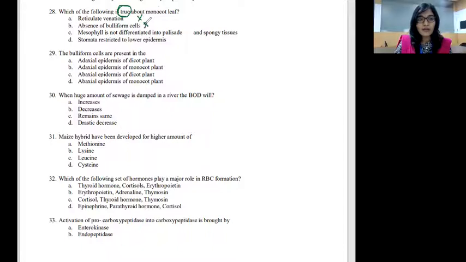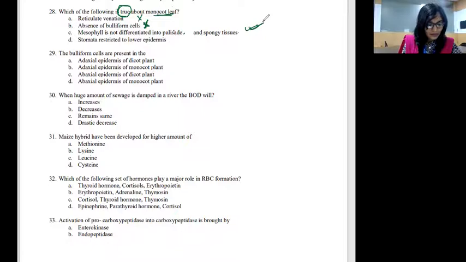This is also a wrong statement. Bulliform cells are cells which store water. They'll be present on the epidermal layers. They store water and prevent transpiration, water loss. Mesophyll cells are differentiated into palisade and spongy parenchyma. In monocots, do they have palisade and spongy parenchyma? Is it a correct statement? Yes, it is a correct statement. So what can we choose? Yes, we can choose option C.